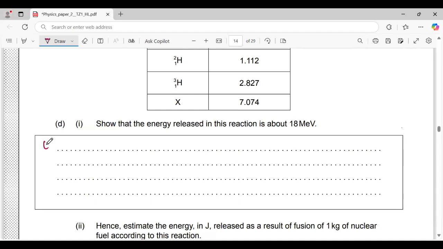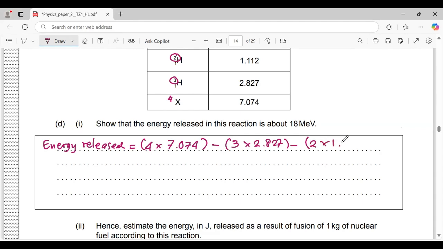Energy release equals 4 times 7.074 minus, not plus, sorry, because this is on the left side and this on the right side, 3 times 2.827 minus 2 times 1.112.